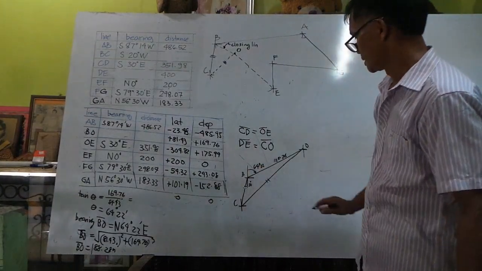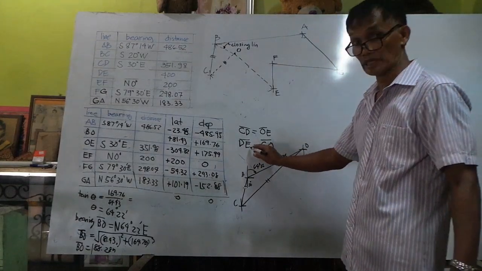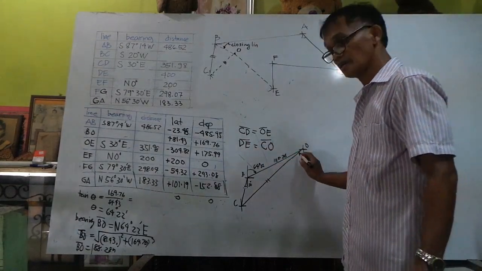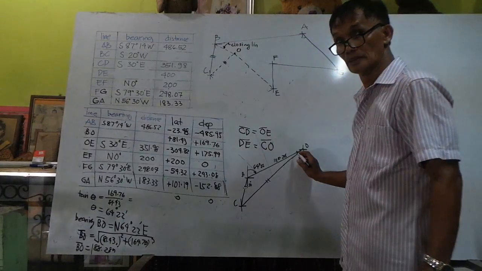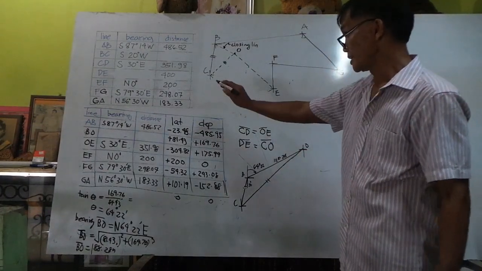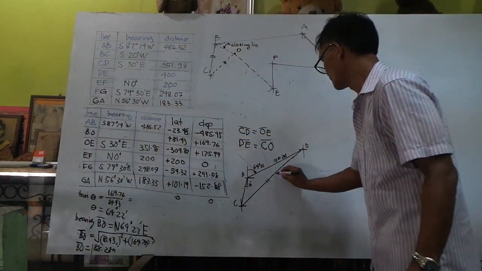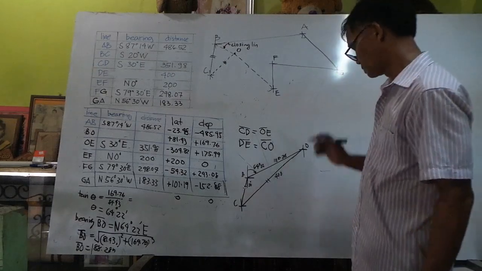Then CO, which is equivalent to DE, has no bearing, but it has a length of 400 meters.